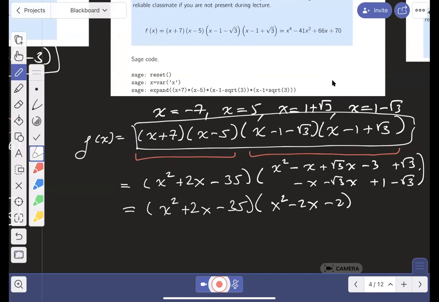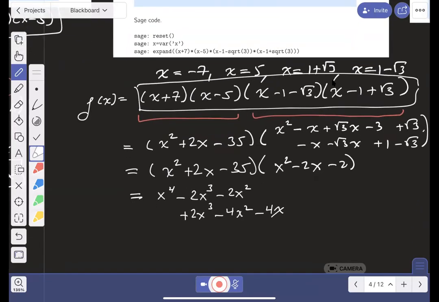Let's keep going. Yeah, I know it's work. x to the 4th minus 2x cubed minus 2x squared. Okay, now what? 2x times x squared is going to be plus 2x cubed minus 4x squared minus 4x. We have the key to look at later, don't worry. And let's see, well, minus 35x squared, that's crazy.